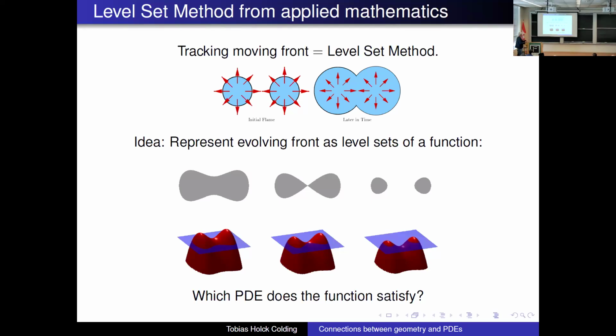And then there was more rigorous work, which I'll come to in a minute, in the early 90s. These here are supposed to illustrate the level set method. Again, the poster boy for the level set method is mean curvature flow evolution, but it has been used for many other phenomena.